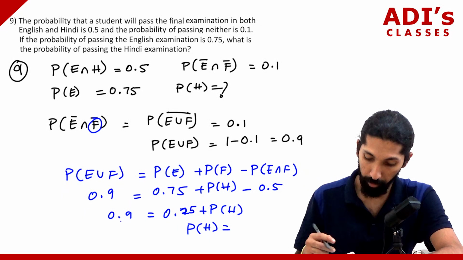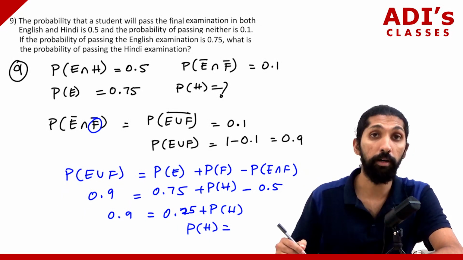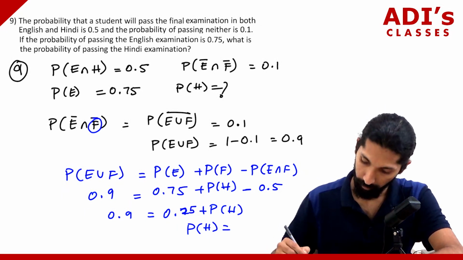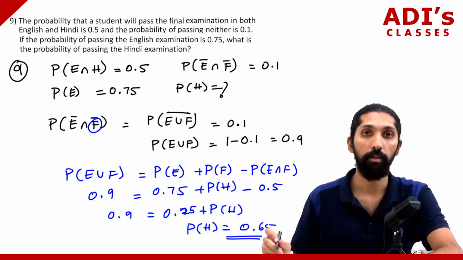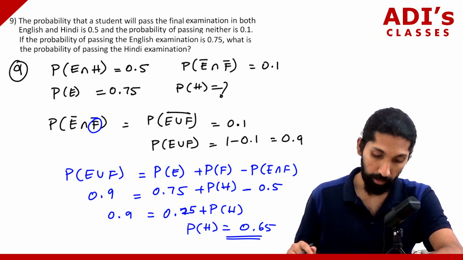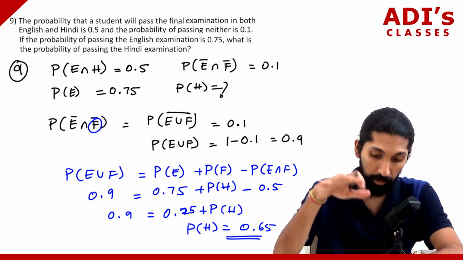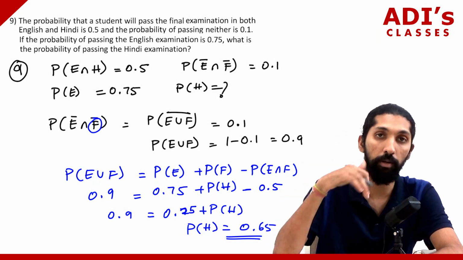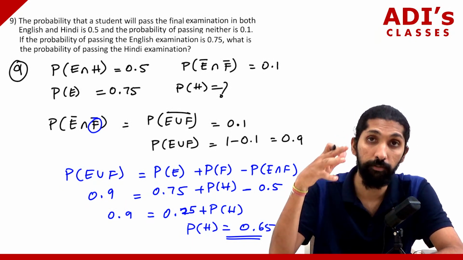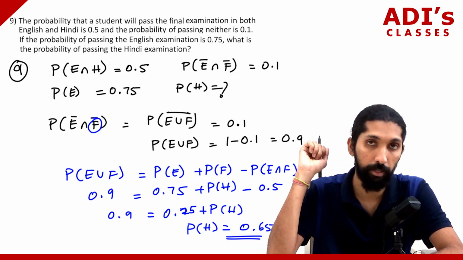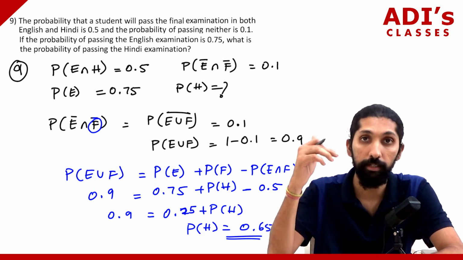So 0.9 minus 0.25 is going to give us 0.65. So probability that he is going to pass the Hindi exam is 0.65, or you can say 65%. Fair enough?